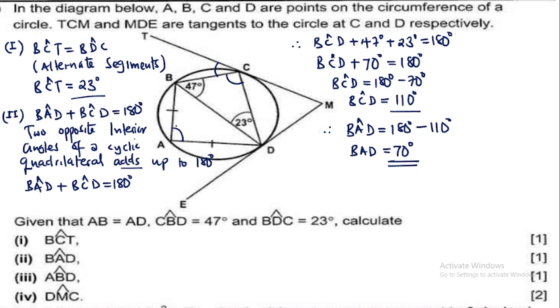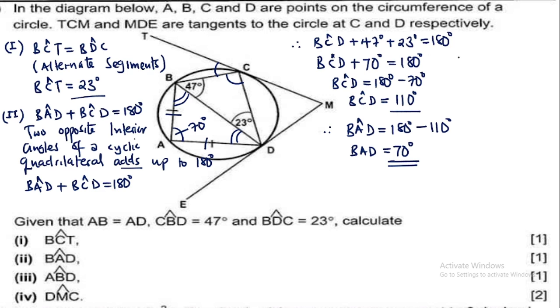Okay, the angle here. Now, if you look at triangle ABD, you discover that AB is equal to AD, making the angle at B and the angle at D equal. So this is an isosceles triangle where two angles are equal. Knowing that the angle here is 70, how do we find ABD?